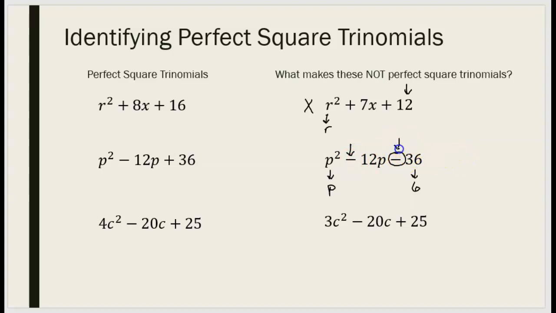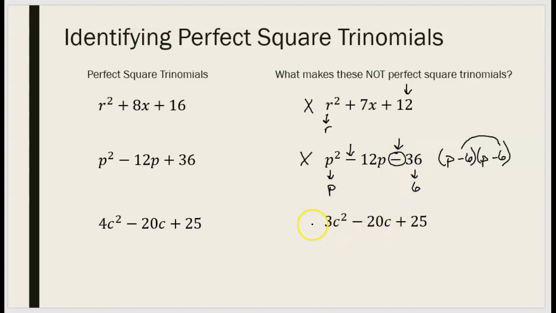If we didn't catch this piece of it, we would say this works out to be p minus 6 times p minus 6. But think about this. What happens when I take negative 6 times negative 6? A negative times a negative is positive. So this should be a positive 36. The reason that this one is not a perfect square trinomial is because of this negative in front of the constant. That messes us up.